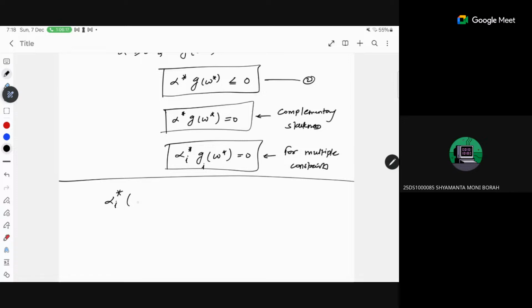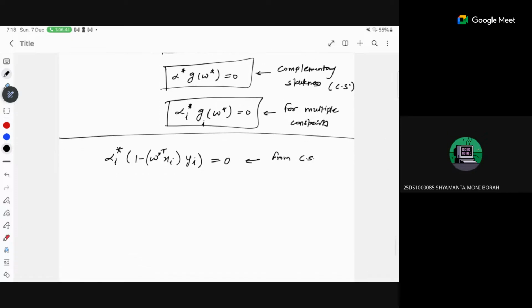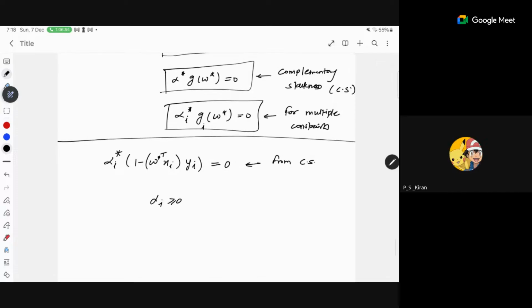It is 1 minus w star transpose xi yi, which is equal to 0. This is from complementary slackness, so let's say this is the CS condition. Now, alpha can take which values? It can be equal to 0 or greater than 0, so alpha i is greater than or equal to 0, right?